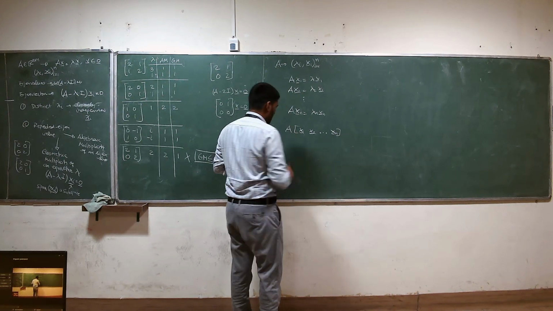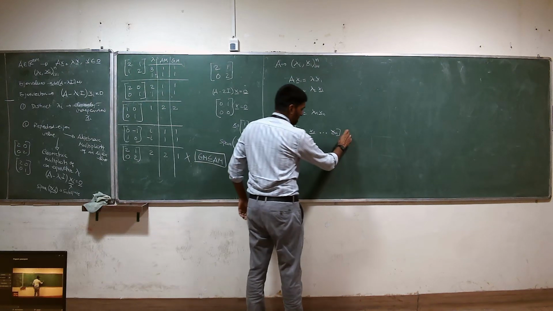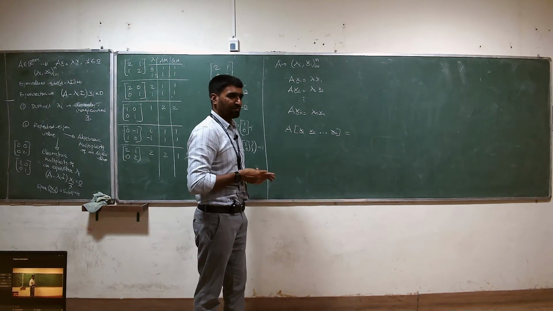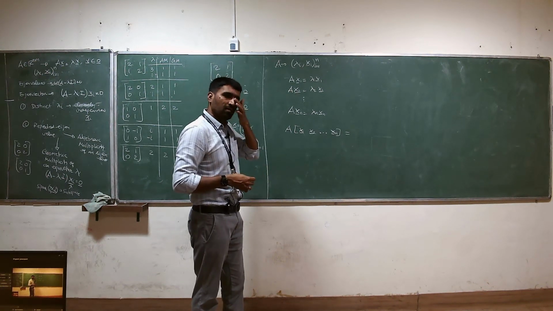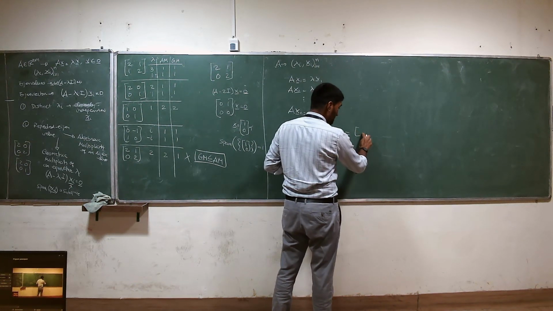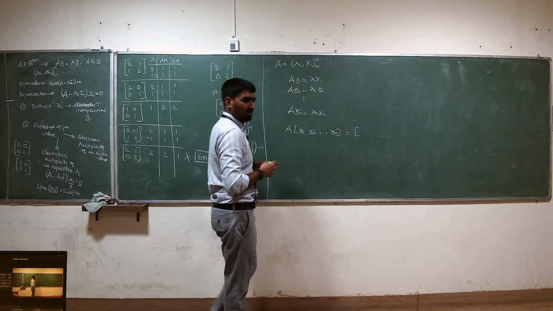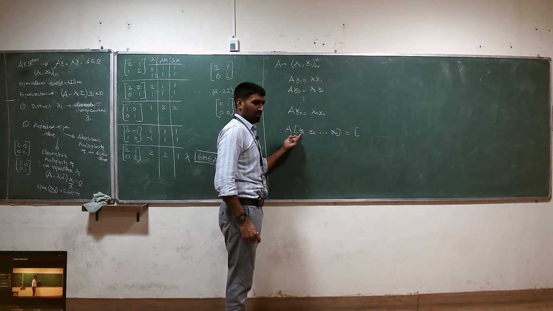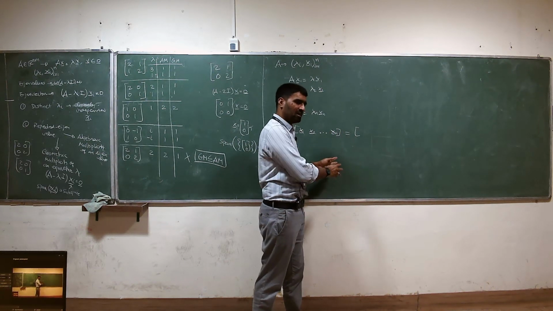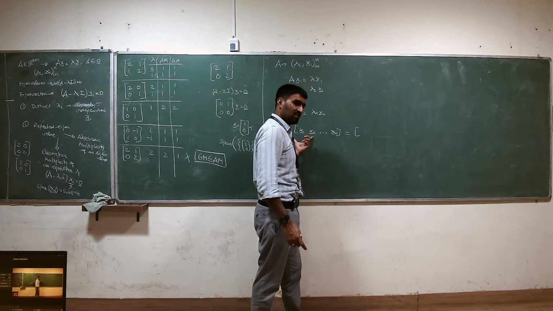Now, if I pre-multiply by A, what will I get? If I take the product of these two matrices, what is the first column of the resulting product? Use the column view.